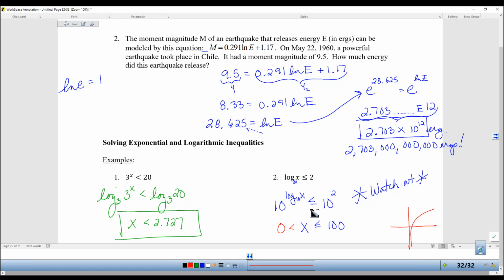So this will actually only be true if x is less than or equal to 100, but it does have to be greater than 0. Unfortunately, your homework does not practice any of these. So there is an extra one of these to practice. Number 12 on the extra practice is like this, but unfortunately your homework does not include any of them. So it's going to be up to you to remember to watch out.